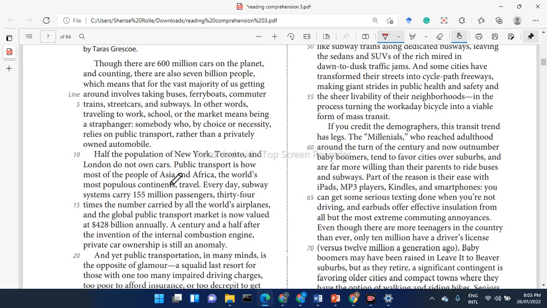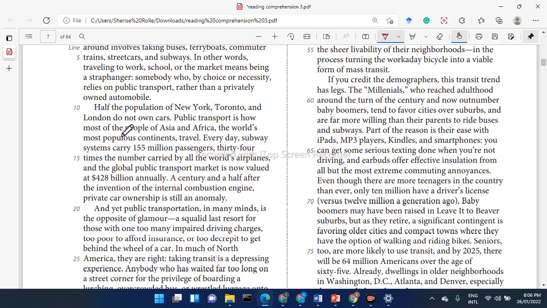Half the population of New York, Toronto, and London do not own cars. Public transport is how most of the people of Asia and Africa, the world's most populous continents, travel.